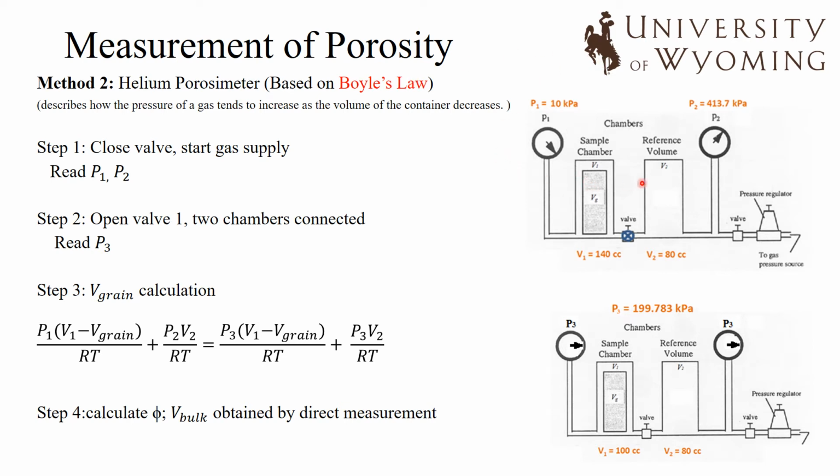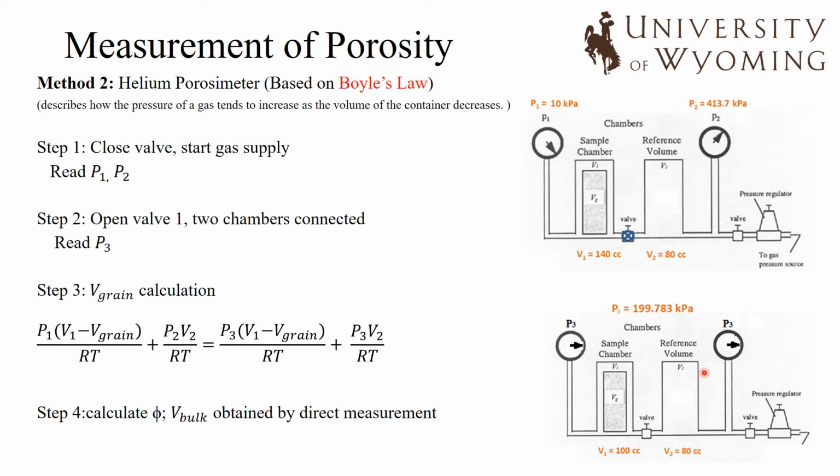Here we have two chambers. One of them has my core, the other one is empty, and we have a closed valve. We increase the pressure in the first one, and we know now the P2, but we don't know the volume. Then we open the valve, the pressure equilibrates, and a new pressure reading is taken on these two gauges, as you can see here, after opening the valve.